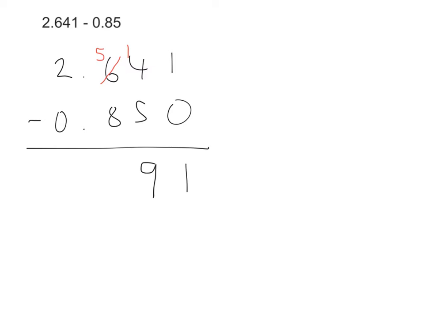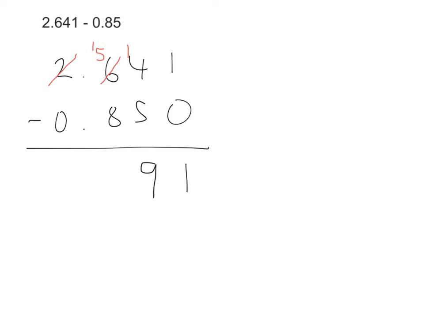Okay, so next column is the tens column. We'll try to minus 5 from 8. But again, the top number is less than the bottom number here, so once again, we need to borrow 1 from the next column over. So we cross out the number 2, we borrow 1 from there, and we put it next to the 5.